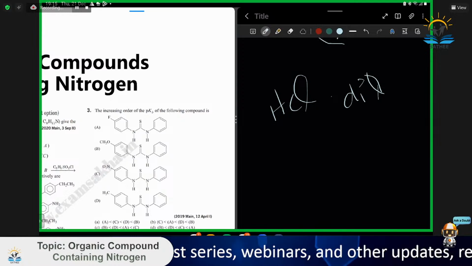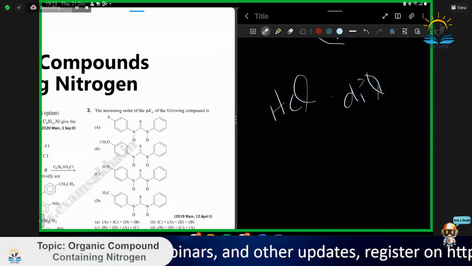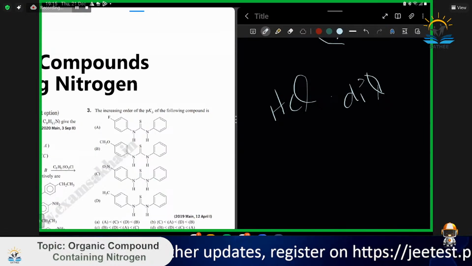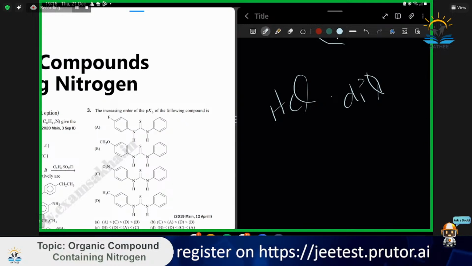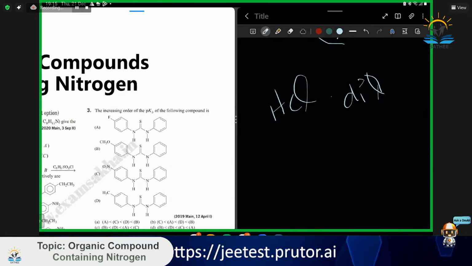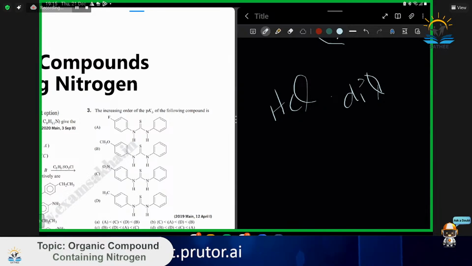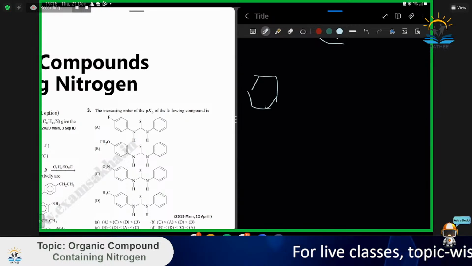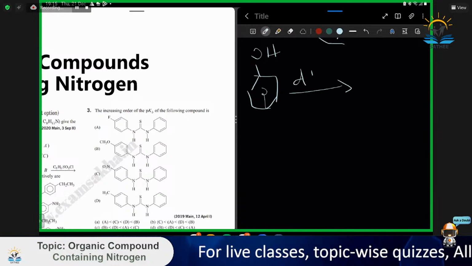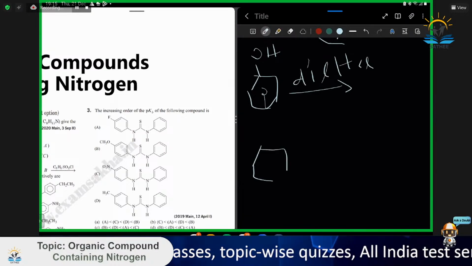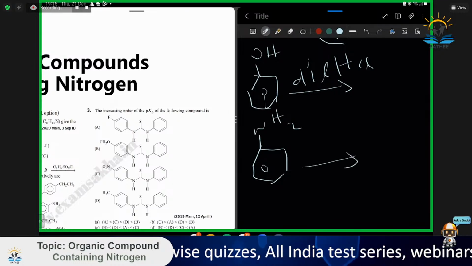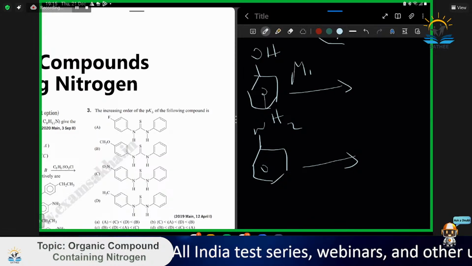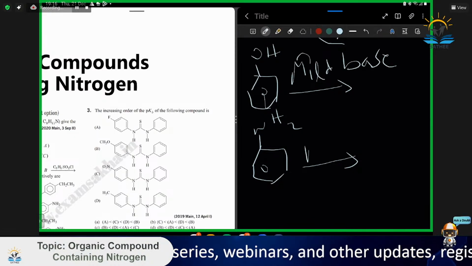Okay, no, wait, my bad. I didn't mention this before. For phenol coupling, your reagent is a mild base, and for aniline coupling, a mild acid.